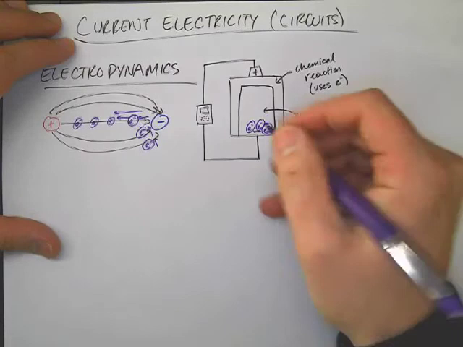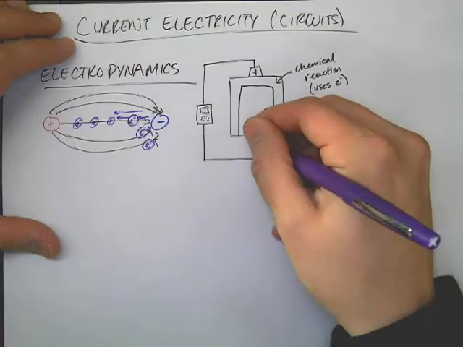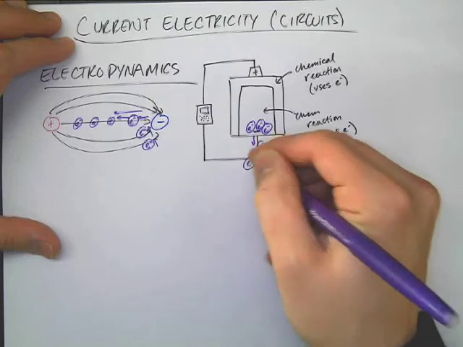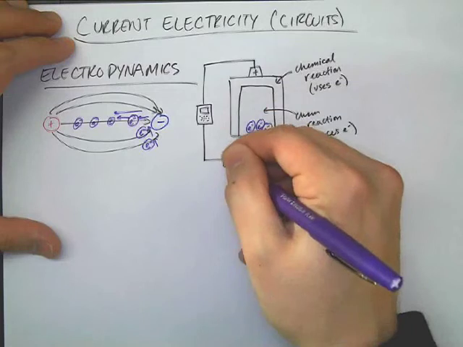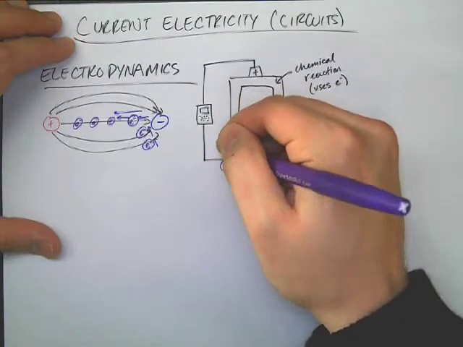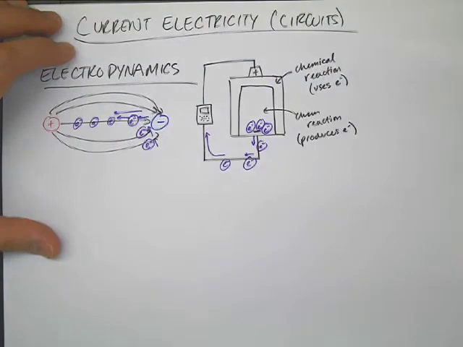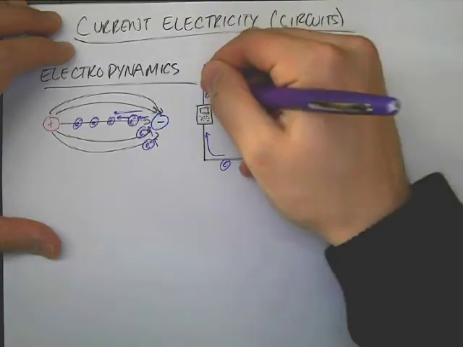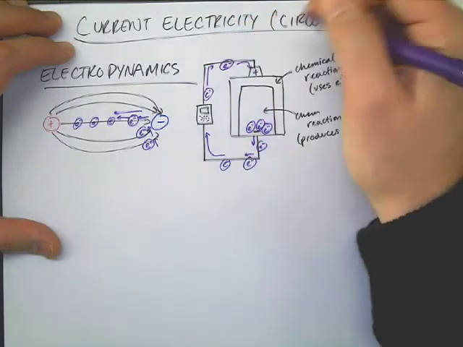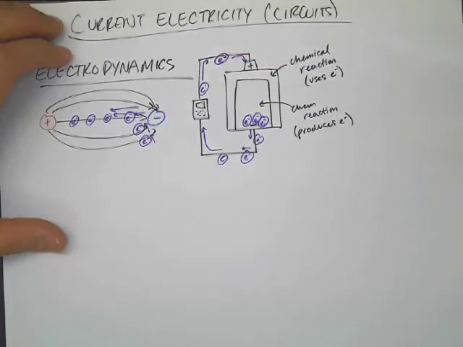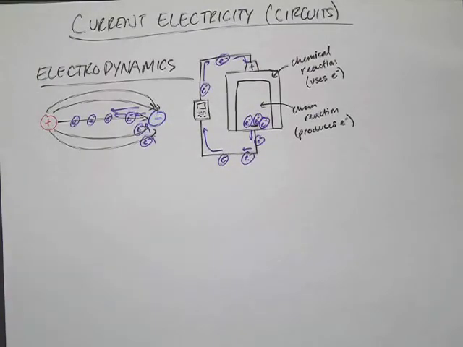So what we get is electrons kind of pushing through the conductor because the conductor has free electrons in it, so it can allow this path to be created. That energy is going to operate the device. And they're going to push through where they go into the positive end and help complete this chemical reaction. So at some point when the chemical reaction is used up, the battery dies and it no longer can produce that electric field. But this gives you a general sense as to kind of the basics of current electricity.